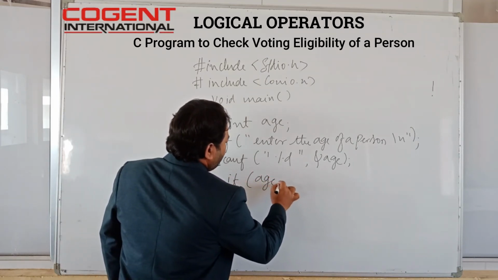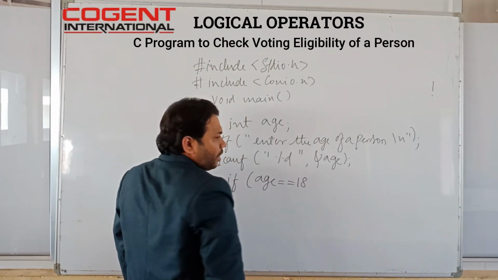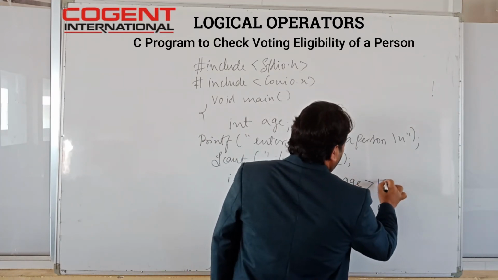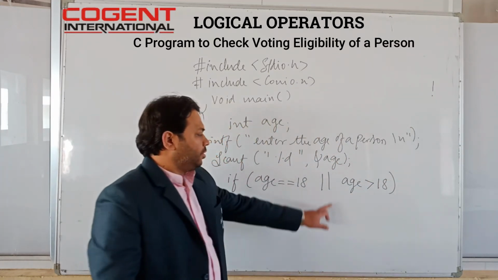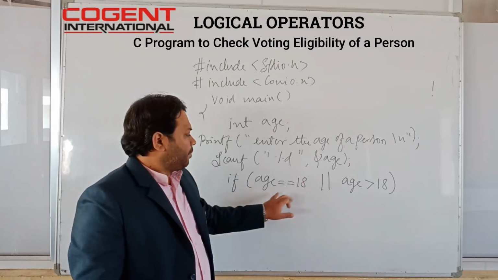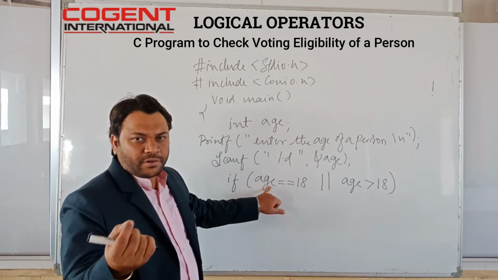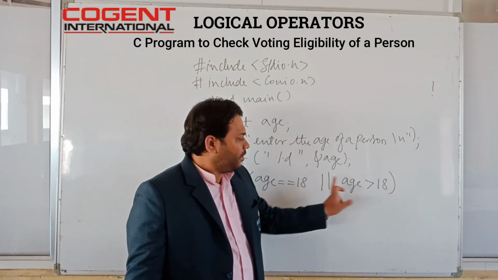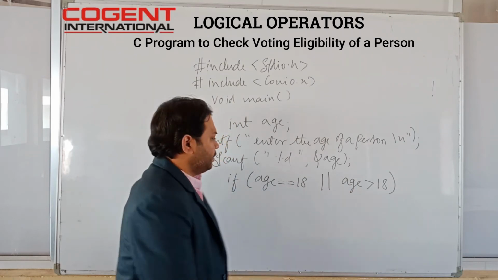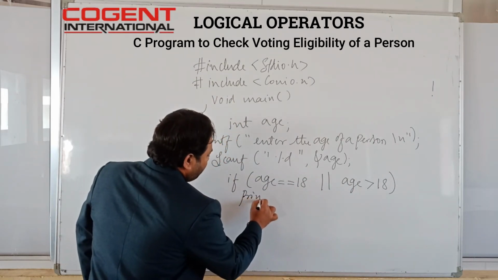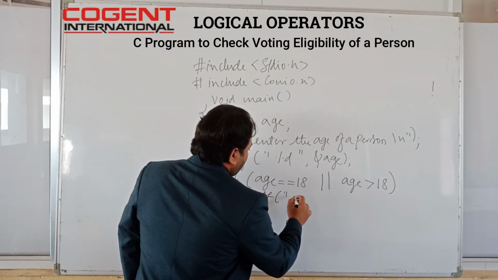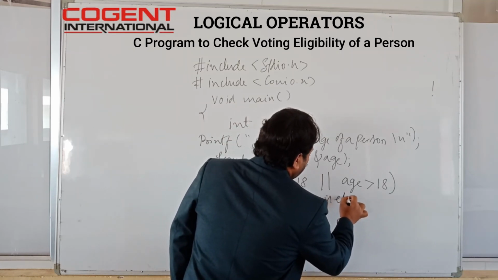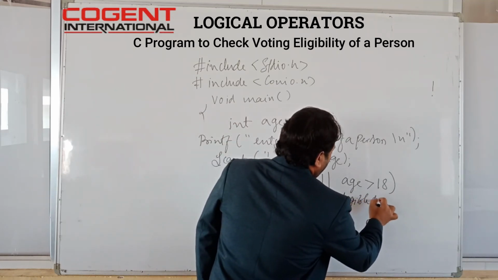Okay. Now, if age is equal to 18 or age is greater than 18, right? So using the logical operation, I am going to use the condition as if age is equal to 18 or age is greater than 18. If any one of these conditions satisfies, then I need to include the printf statement: person is eligible for voting.